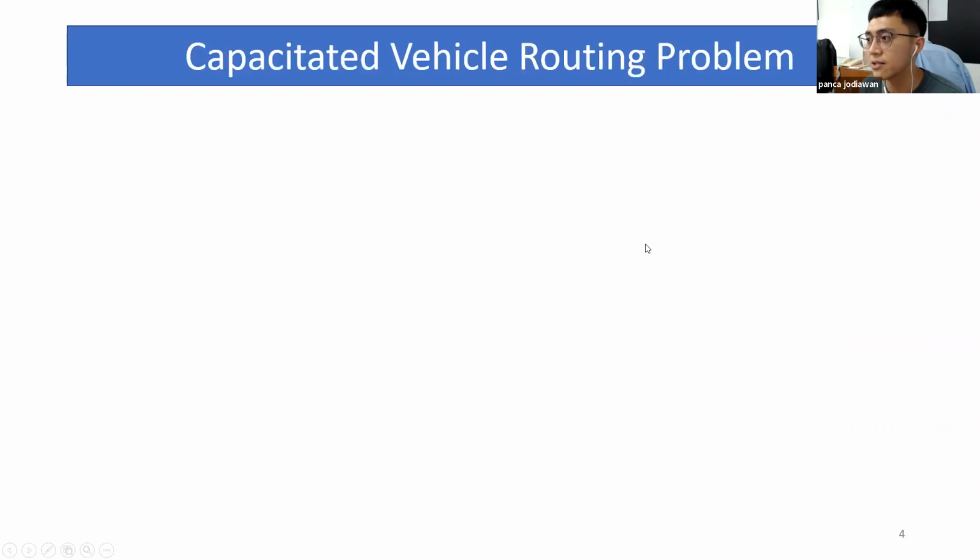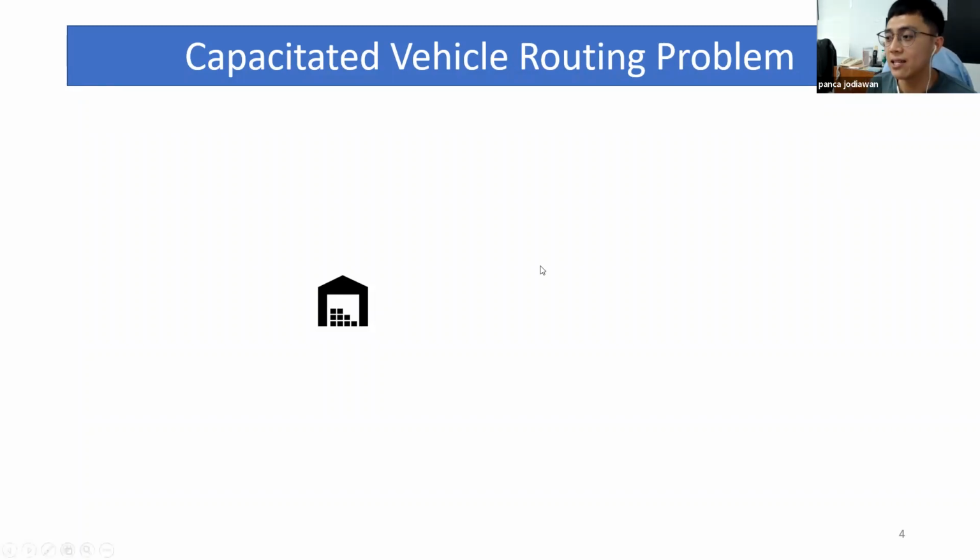So let's start. Now, the first session, the capacitated vehicle routing problem. I'll start with the problem definition. Hopefully some of you have heard of this name, but let's start with the definition. First, let's consider there is one depot. The depot is the term for the source of goods.